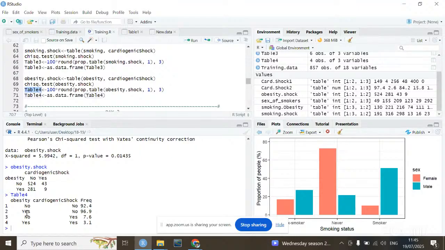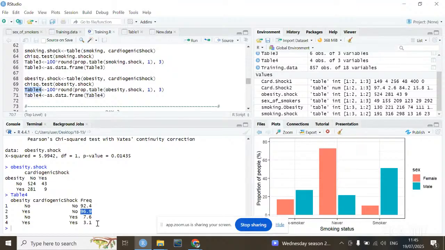Additionally, those who were obese and had no cardiogenic shock were 96.9%, which is also a big proportion. So we can say there is a relationship between obesity and cardiogenic shock, and that relationship is significant.